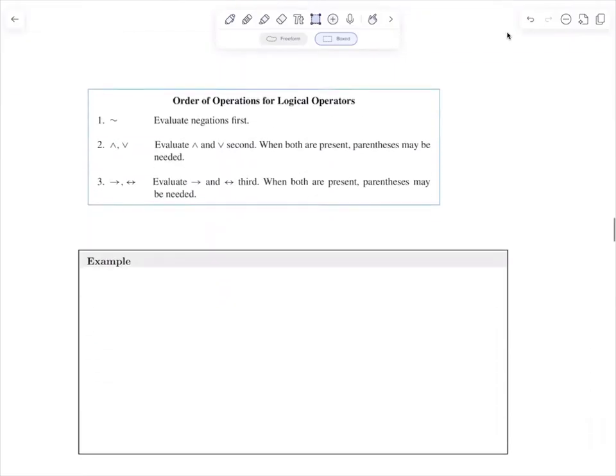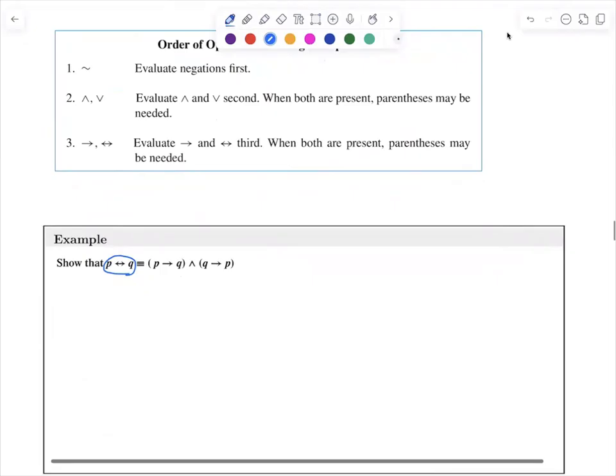We want to show that P if and only if Q is equivalent to P then Q and Q then P. So wherever you see P if and only if Q in a theorem or a lemma, you can use its logical equivalent to rewrite it.